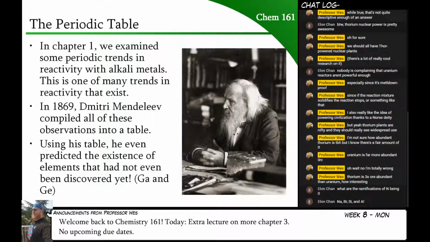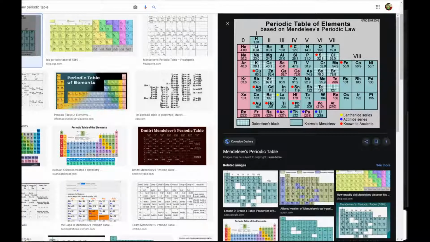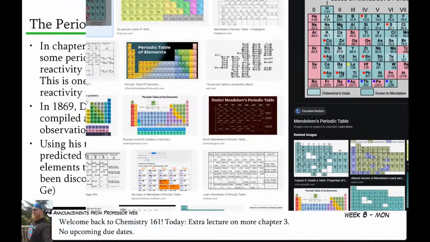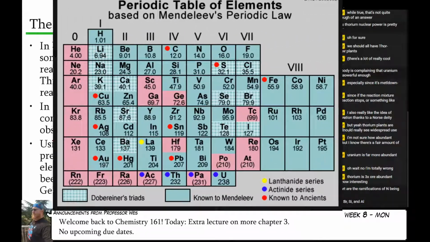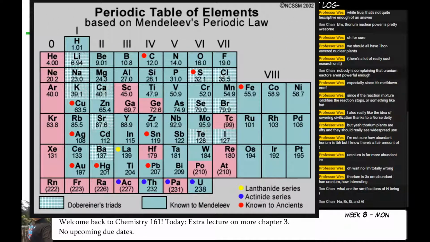So his periodic table looked like this. Let's window capture that. So we only really need this, and I just want to blow it up a bit so you can see it. There we go. So you could see his periodic table looks a little shorter than ours.